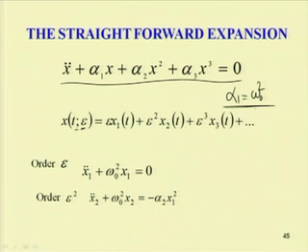One can take some more terms also, but here we take only these 3 terms. Expanding this, one can write epsilon square x 1 square, epsilon fourth x 2 square and epsilon to the power 6 x 3 square, plus 2 epsilon cube x 1 x 2, plus 2 epsilon fourth x 1 x 3, and plus 2 epsilon to the power 5 x 3 x 2.